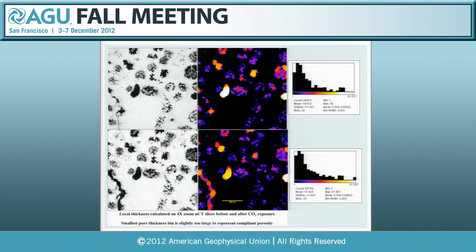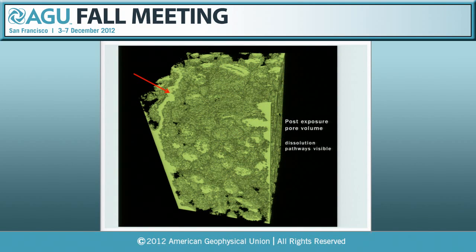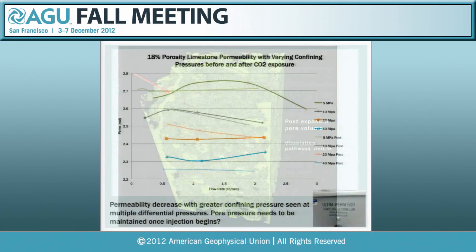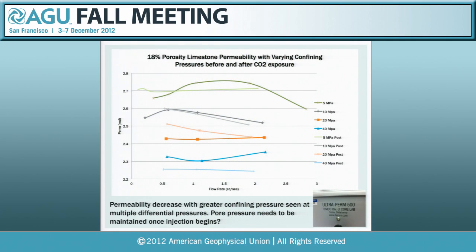So here's just another map, trying to quantify the compliant porosity, where we're still at too rough a scale here. So we're still looking at dissolution pathways. There's a dissolution pathway, and we ran permeability before and after on the 2-inch sample, and we're a little bit surprised to see that we lose permeability at a couple of these confining pressure levels.